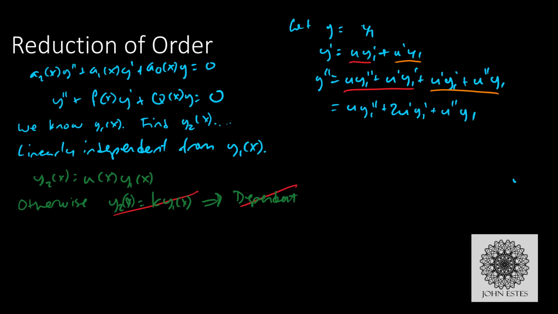We're going to plug this into our equation again. Remember, we have y double prime plus p(x) y prime plus q(x) y equals 0. So I plug in all those expressions that I just had. Let's just plug them in.